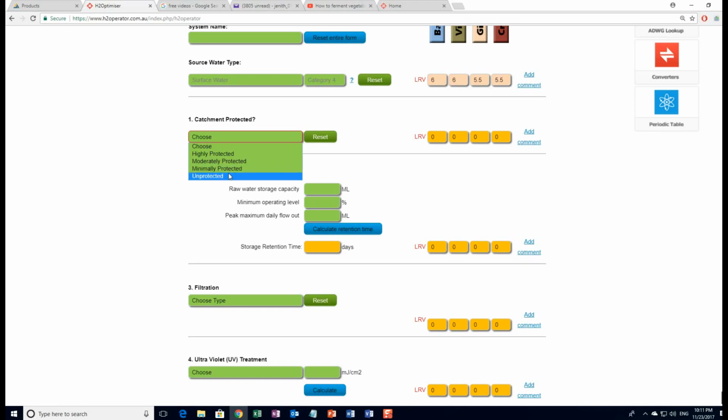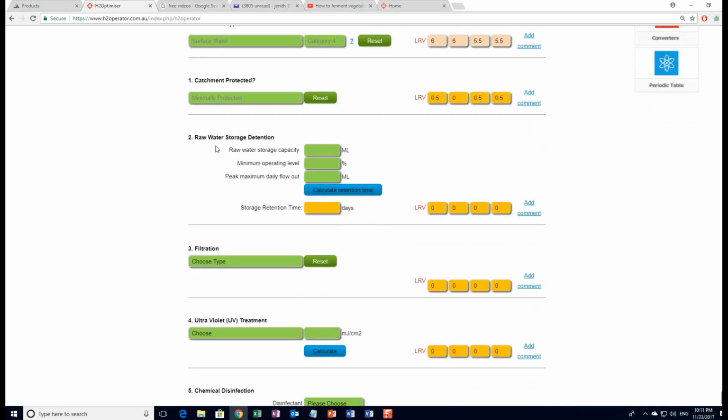So in this case I'm going to say minimally protected. What that does is it gives me some log reduction values, or some log credits, towards my target. Okay, so that's good.